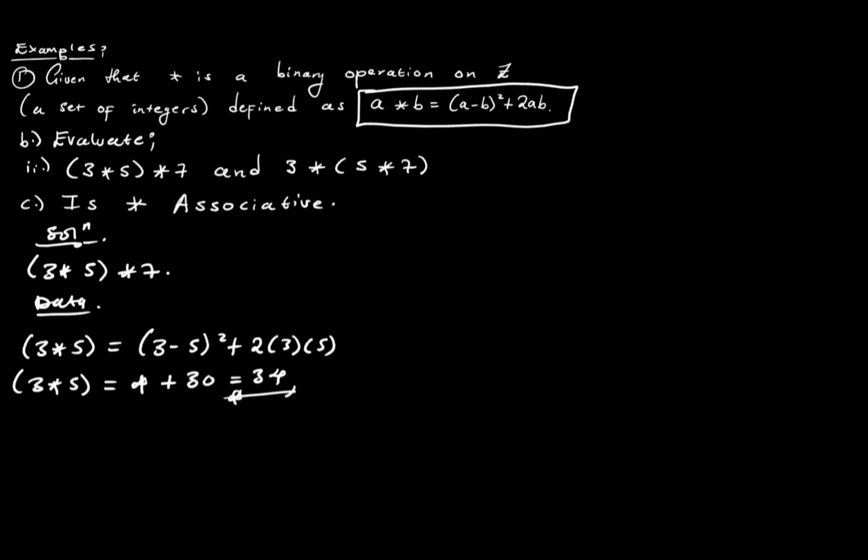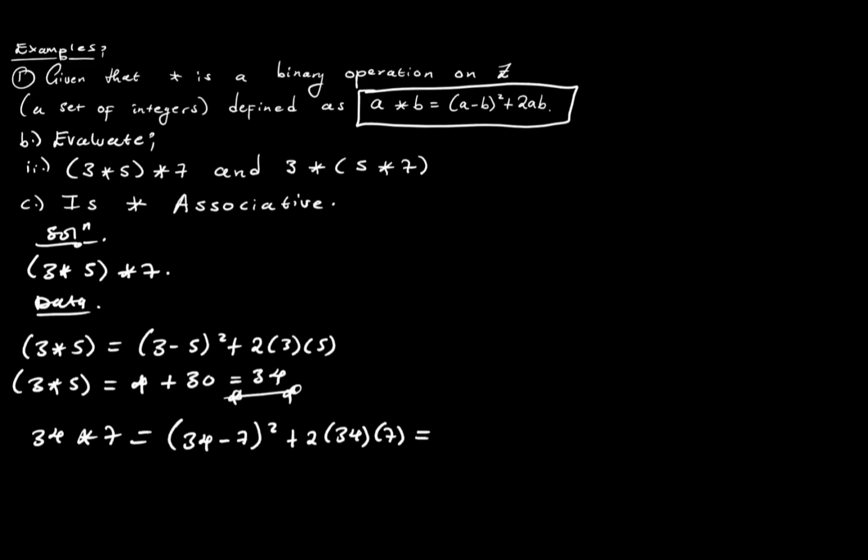Now that we have the value of 3 star 5, it means that we have 34 being operated on 7. So using the operation that we're working with in this question, we're going to follow this order of 34 minus 7 squared plus 2 times 34 times 7.